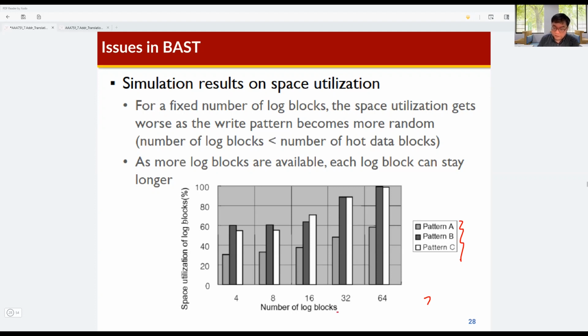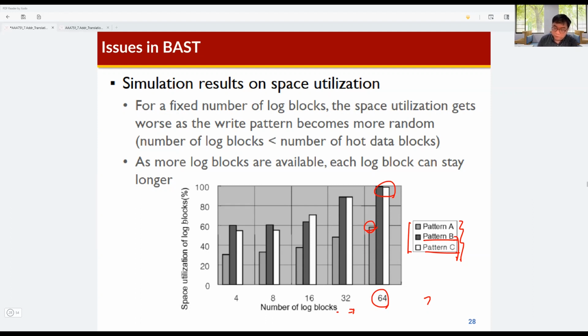The x-axis represents the number of log blocks, and the y-axis shows the utilization inside of the log blocks. As you can see, there are various patterns. For pattern A, the utilization is very low. For the other patterns, the utilization may be high if the number of log blocks is large.